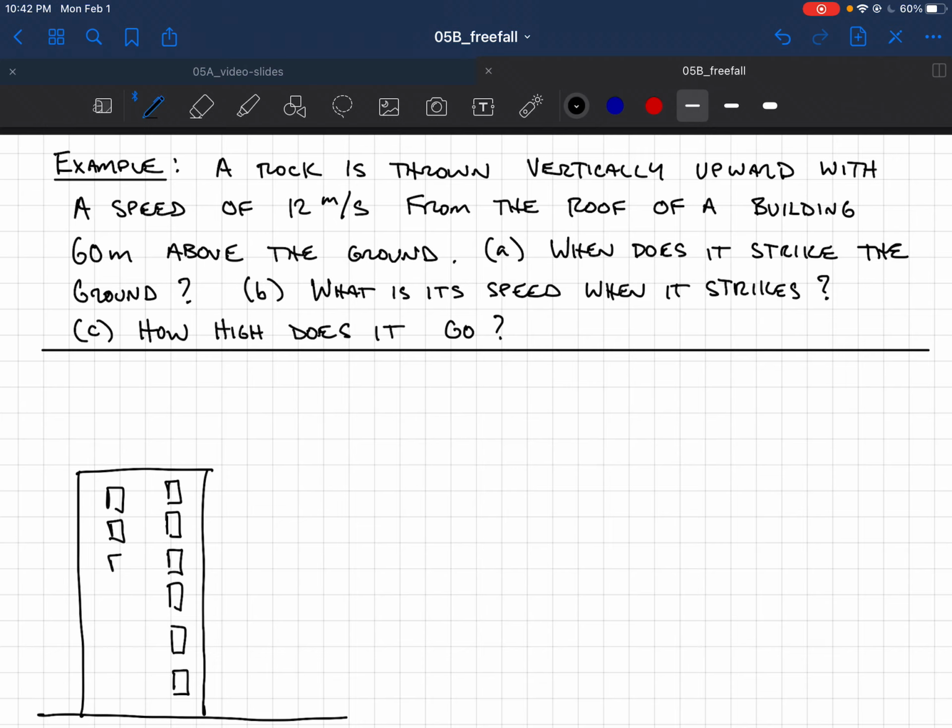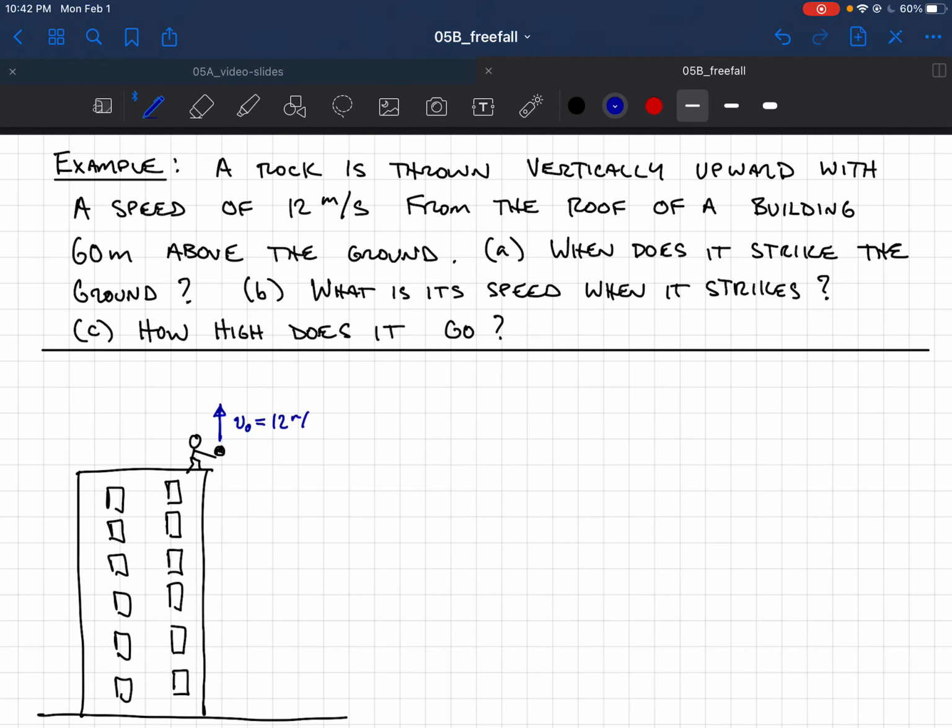And we have a person on top of the building, and the person is going to be throwing a ball upward. Sorry, not a ball, but a rock. They're taking a rock and they're giving it some initial velocity upward.